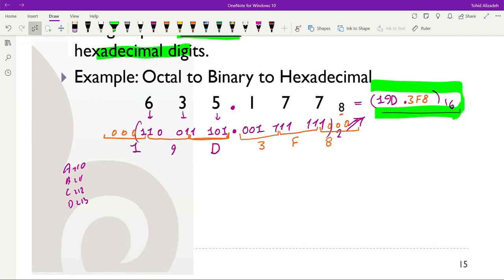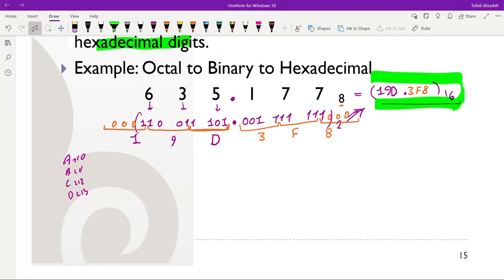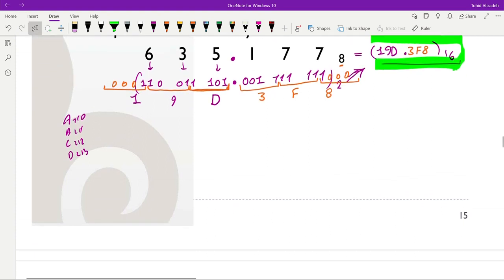If you wanted to do this directly, it would be quite a lot of work, or you could alternatively use base 10 instead of base 2, but that would also be more difficult and more time consuming than using binary as the intermediate step.